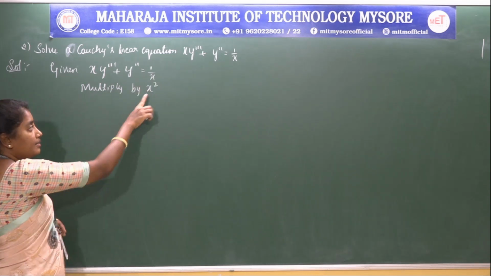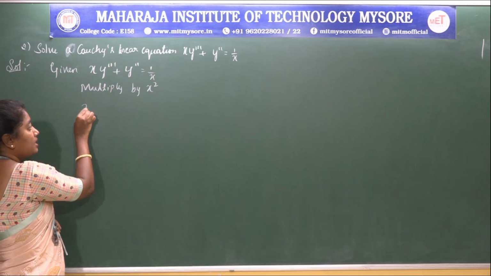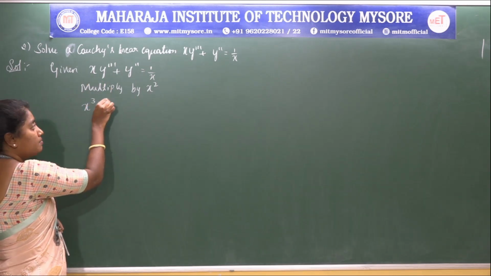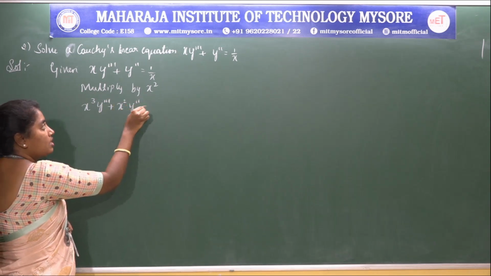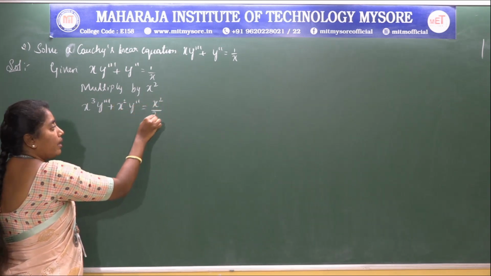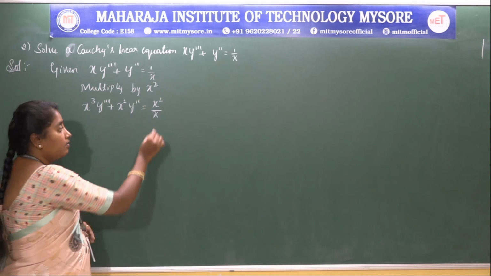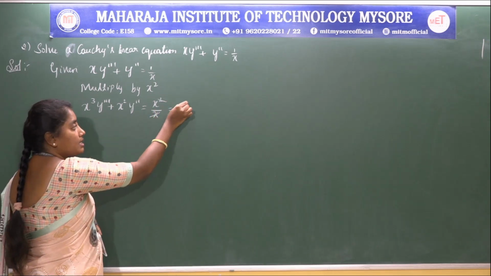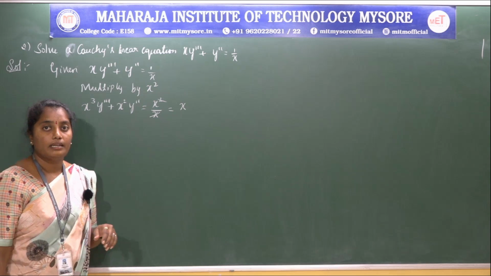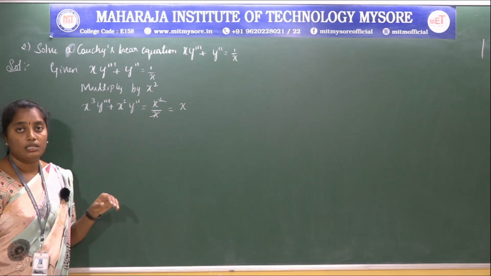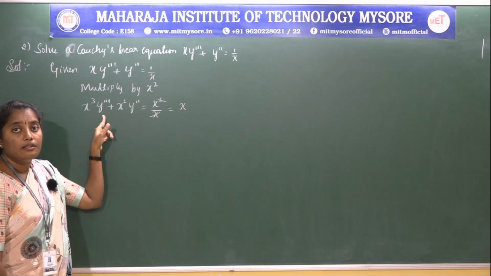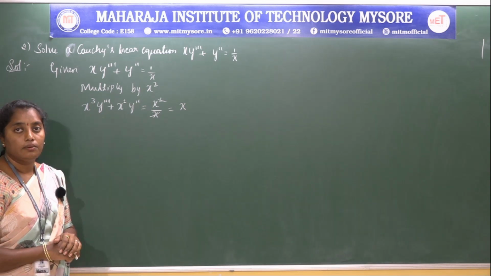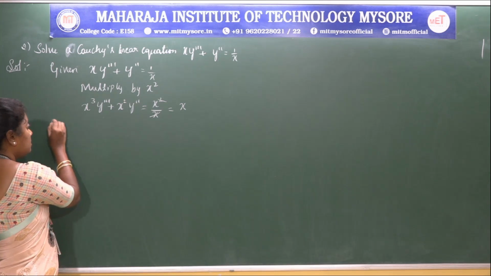On multiplying by x square, we get x cube y triple dash plus x square y double dash is equal to x square by x, and we simplify the obtained term. So now this is a Cauchy's linear equation because the degree of the variable is the same as the order of the derivative.